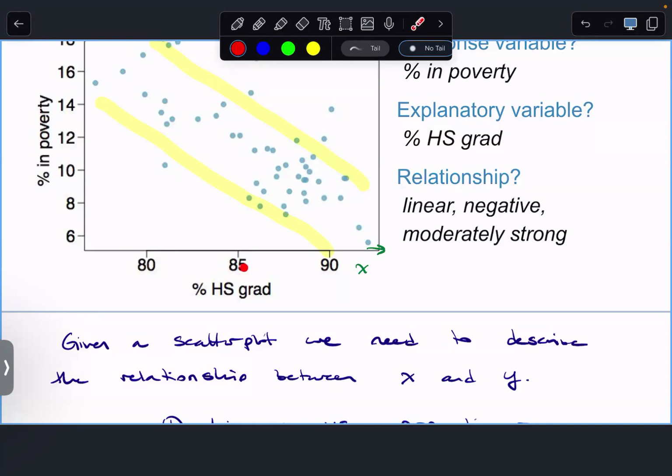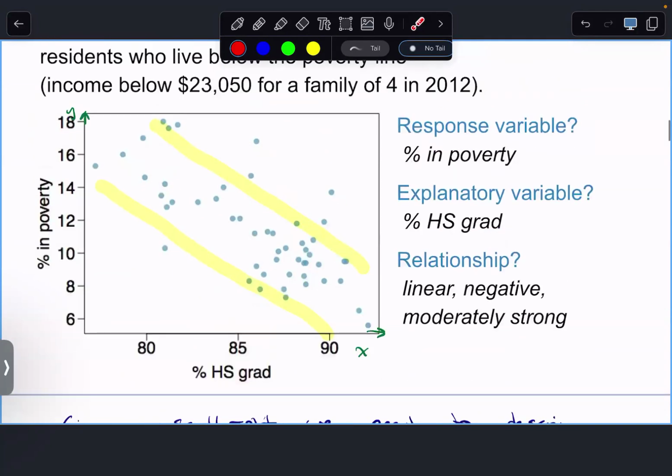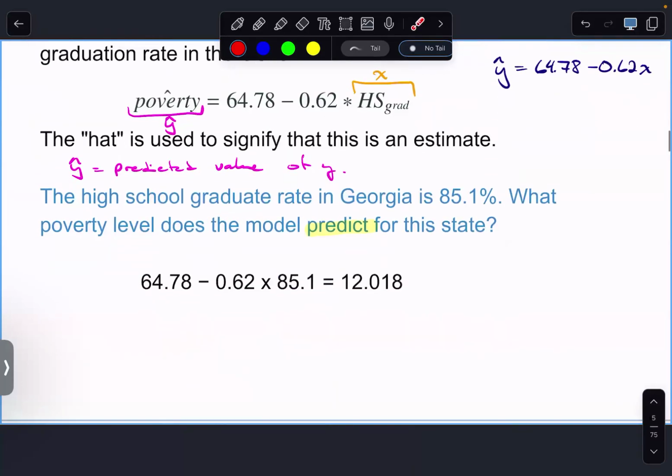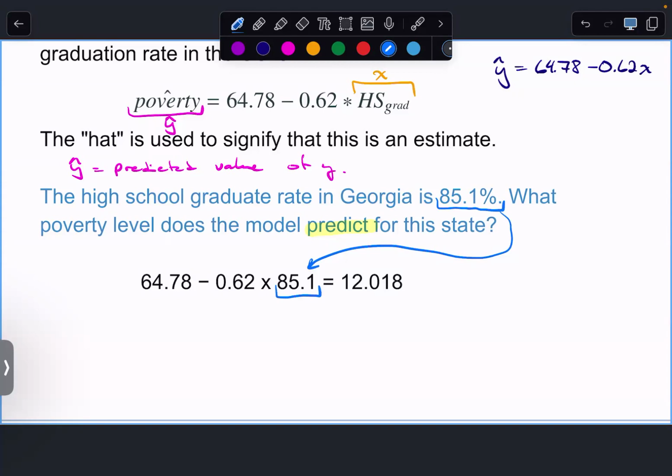So here, 85.1 is in this range, and that's what makes more sense to use as my x value. But then remember, the output is also a percentage, the percentage in poverty. So we keep 85.1 as our value of x to match the scale on the scatter plot.